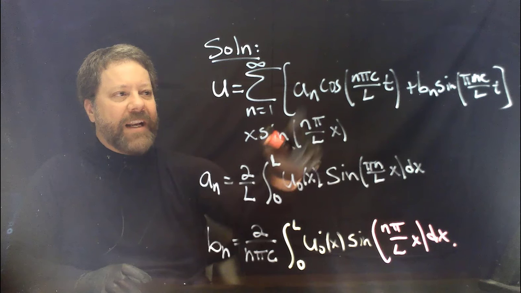I suggest that we let our computer algebra system solve these integrals for us, and then we'll just do the simulation, the animation, on the computer. Our coefficients were 2 times the integral, but the integral is in 2 pieces.